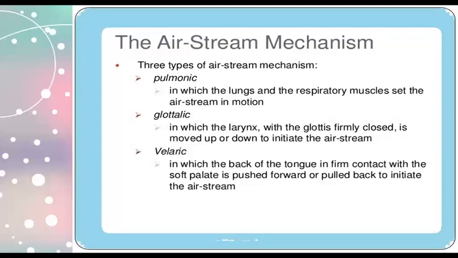Apart from phonation and articulation, this airstream mechanism is one of the 3 main components of speech production. All English sounds, both vowel and consonant, are produced with the pulmonic egressive airstream mechanism, that is, the lung air is pushed out. So, depending on the airstream mechanism, consonants are produced.